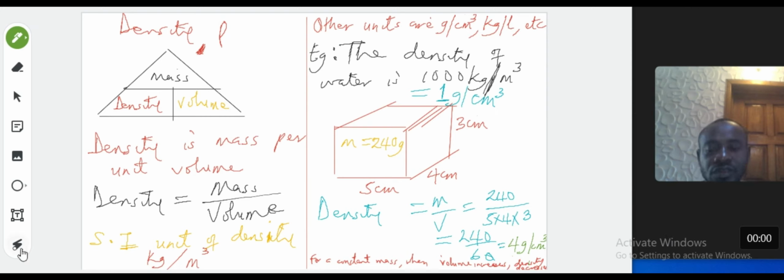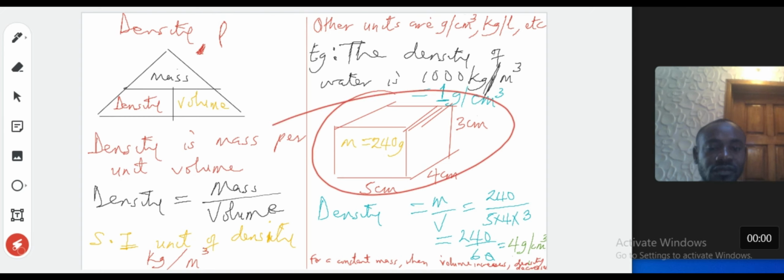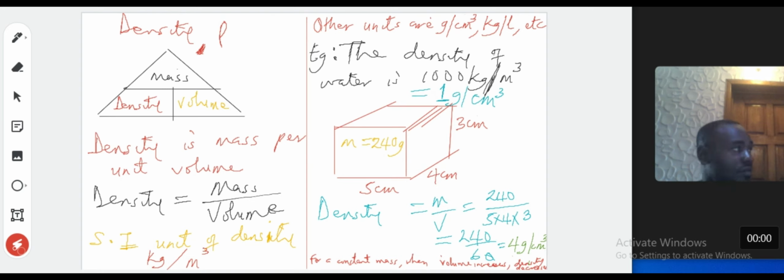When we found the density of this object, we initially wrote 4 kilograms per meter cube, but I just corrected something.